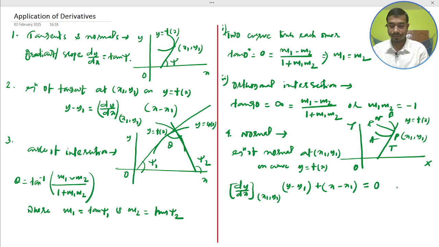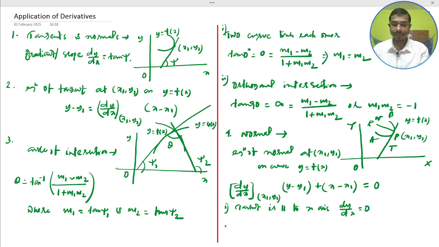Now these special cases. Suppose when the tangent is parallel to the x-axis, that means dy/dx is equal to 0.